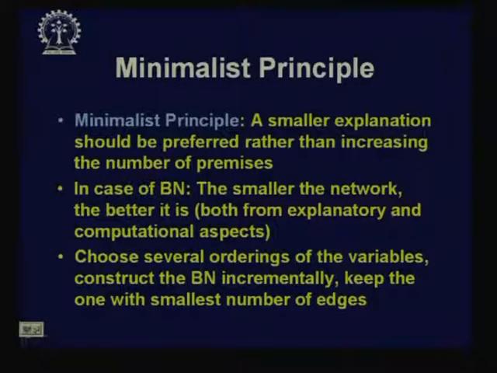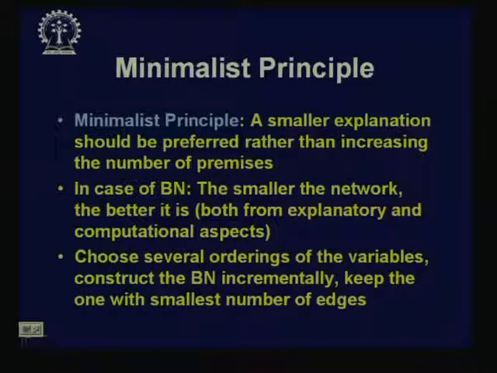That is the minimalist approach, and that is exactly what we are trying to do: the smaller the network, the better it is, both from explanatory and computational aspects. So, in order to find a good belief network, we have to choose several orderings of the variables and construct the belief network incrementally, and ultimately keep the one with the smallest number of edges. That is a very important step.